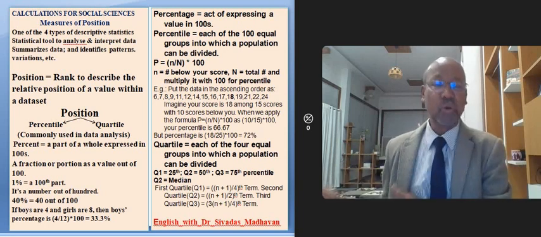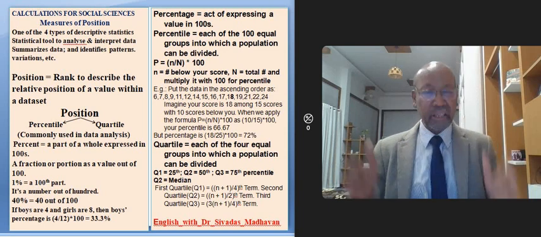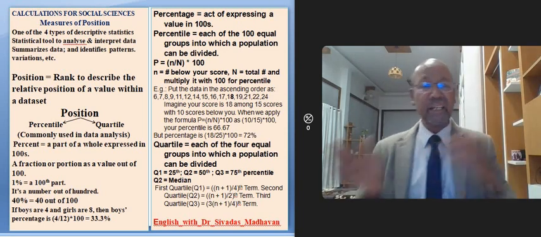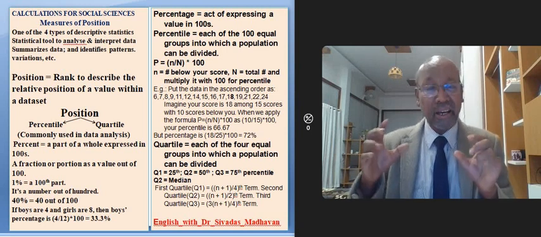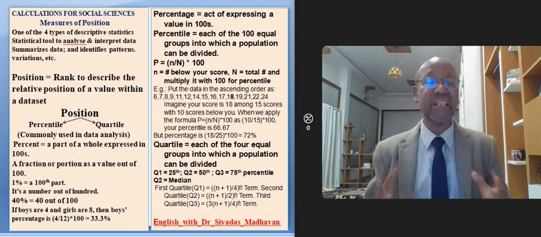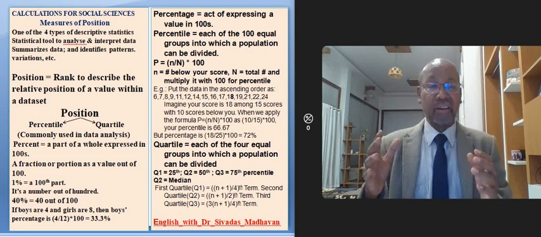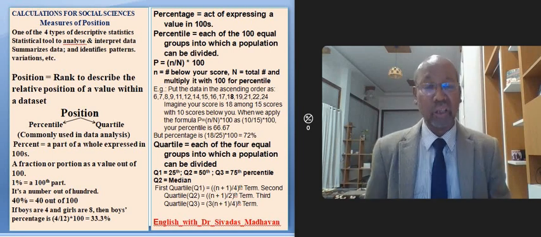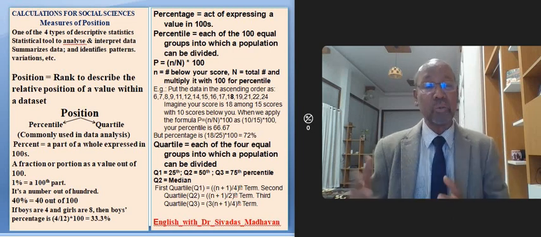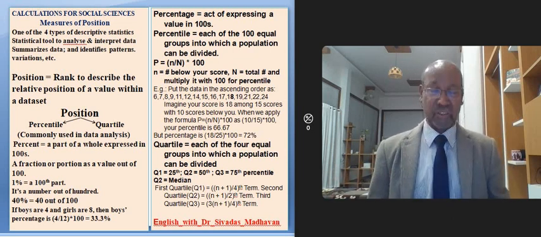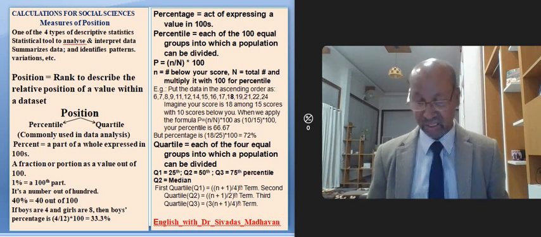Lower quartile means first quartile, upper quartile means the last quartile. In both, they can show the outliers very vividly and it will be interesting to point them out. That's also one of the uses of quartiles.